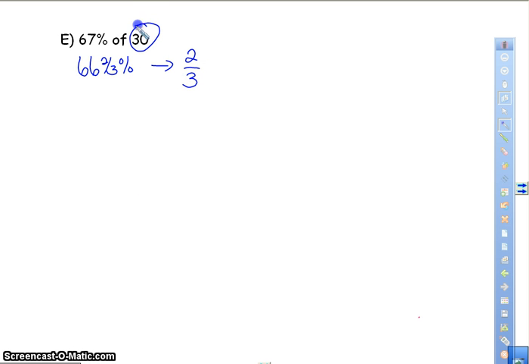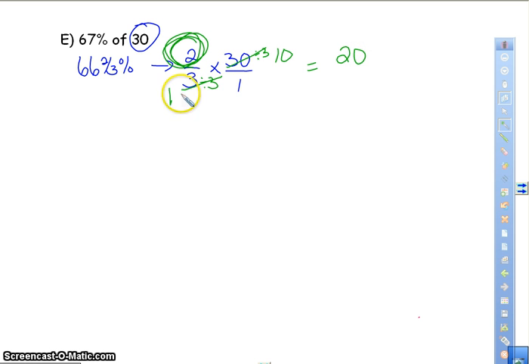I'm going to take 2/3 times 30, and it works out that these are compatible, so I can leave them alone. I'm going to cross reduce by 3. This becomes a 1, and this becomes a 10. Once again, we need to make sure we're multiplying our numerator in there as well. So 2 times 10 is 20. 1 times 1 is 1. The answer is 20, and that is our solution.